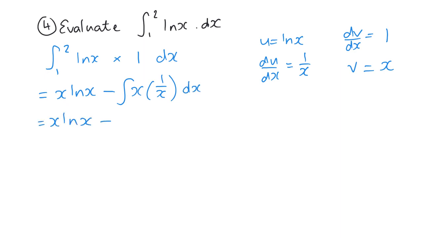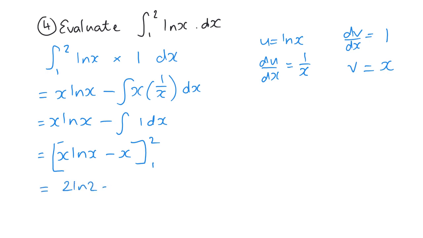So that's x ln x minus the integral of 1. When we integrate 1, we get x, and now I'm going to put the square bracket and put my limits back on. So I get 2 ln 2 minus 2, minus, 1 ln 1 minus 1.